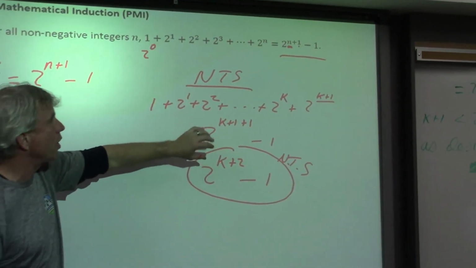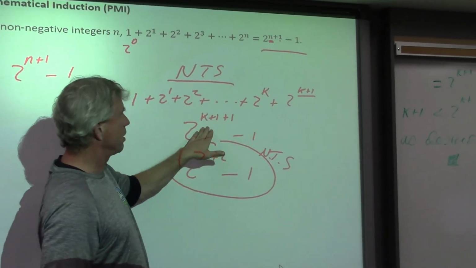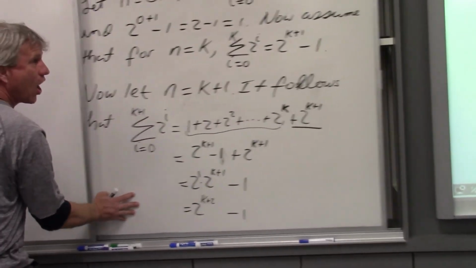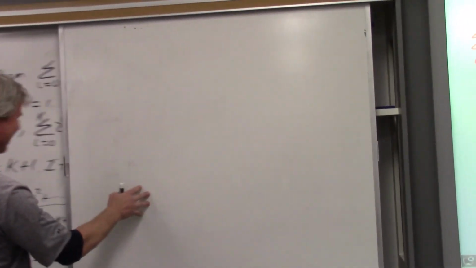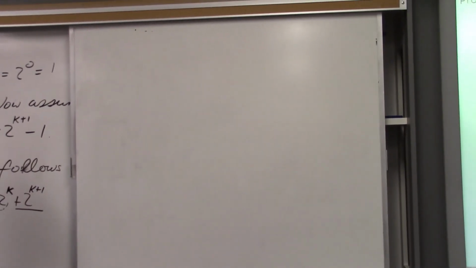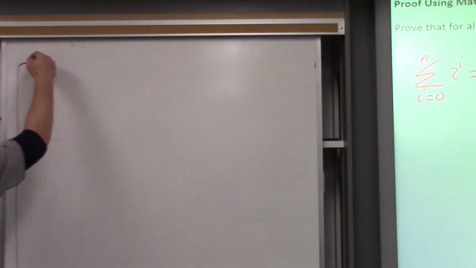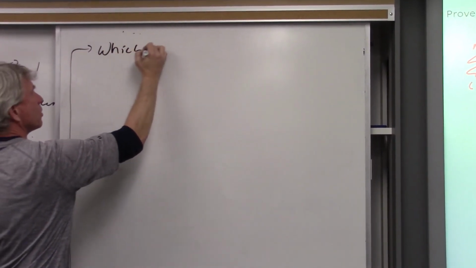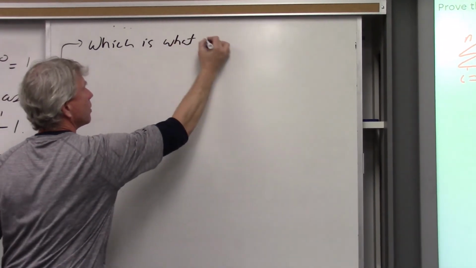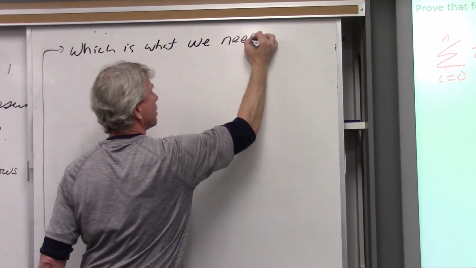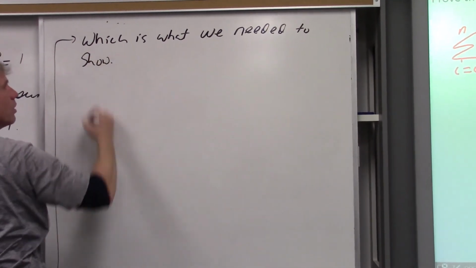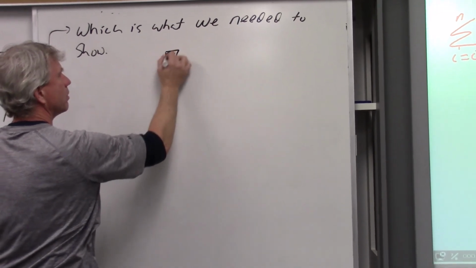We worked out ahead of time what we needed to show if we were to use the formula directly. So extend the pane, or in other words, bring my writing up to the top and say which is what we needed to show, and call it a wrap.